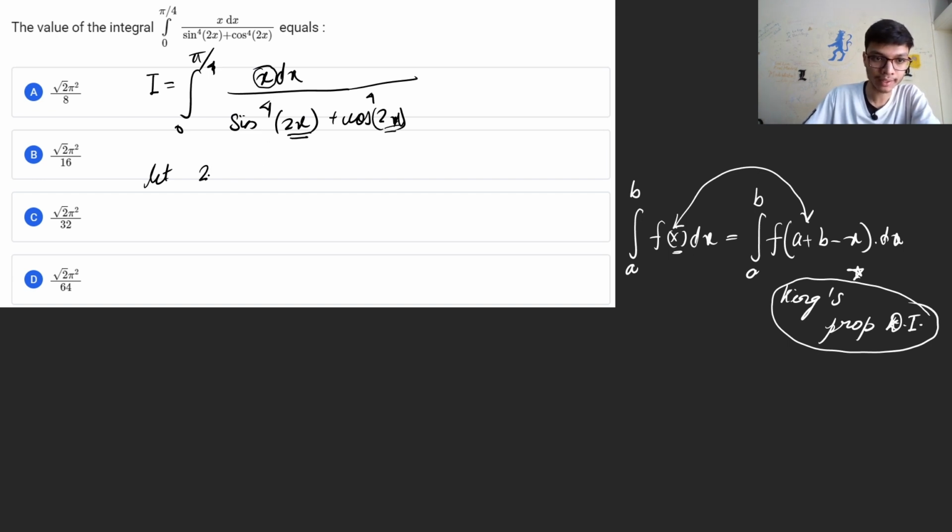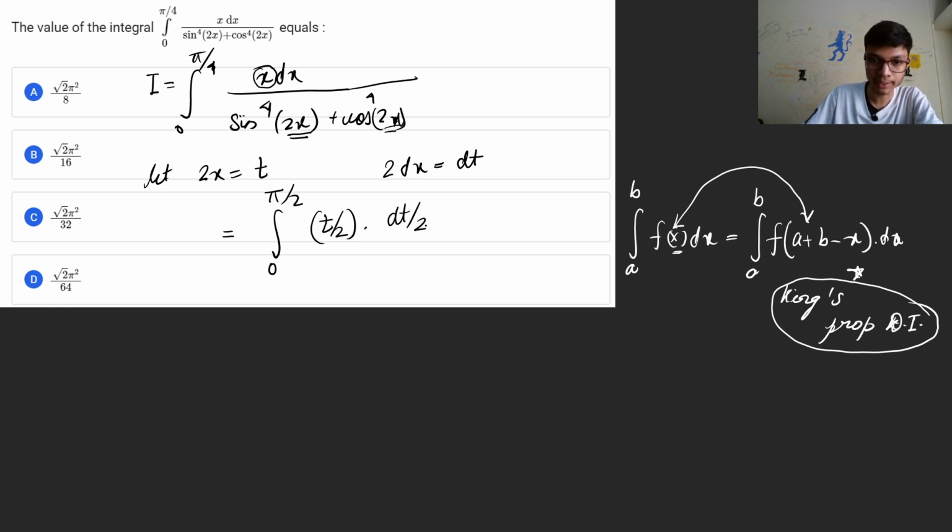What I want to do is let 2x be equal to t, and then differentiate both the sides. I get 2 dx equal to dt, and from here the integral becomes 0 to pi by 2, with the variable t. If you replace x with t by 2 and dx with dt by 2, it is all divided by sine to the power 4t plus cos to the power 4t.